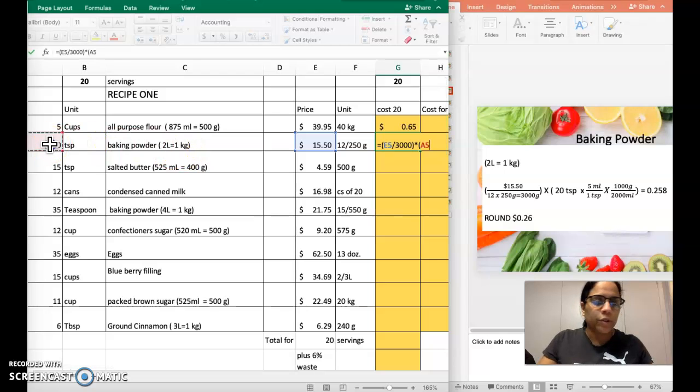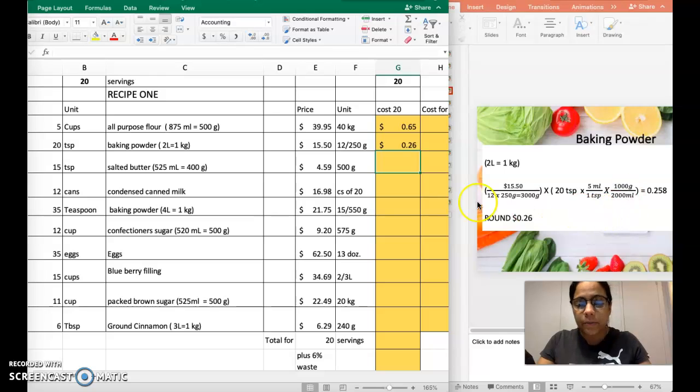The recipe calls for 20 teaspoons times something ml per teaspoon, which is 1 teaspoon equals 5 ml, times... they told us that 2 liters equals 1 kilogram, but we know that 2 liters is 2,000 ml and 1 kilogram is 1,000 grams, so 1,000 grams divided by 2,000, close brackets, enter.